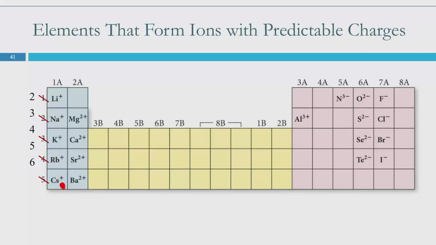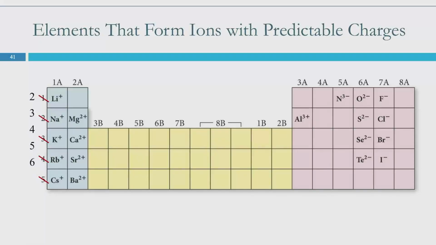Notice all of our 1As, they're losing one electron to become like a noble gas, and so they're all 1+ charges. Our 2As, they're all 2+ charges because they would have to lose 2 electrons to get that noble gas configuration. On the other side with our nonmetals, they have to gain 1, 2, or 3 electrons to get noble gas configuration, and then they're especially stable.